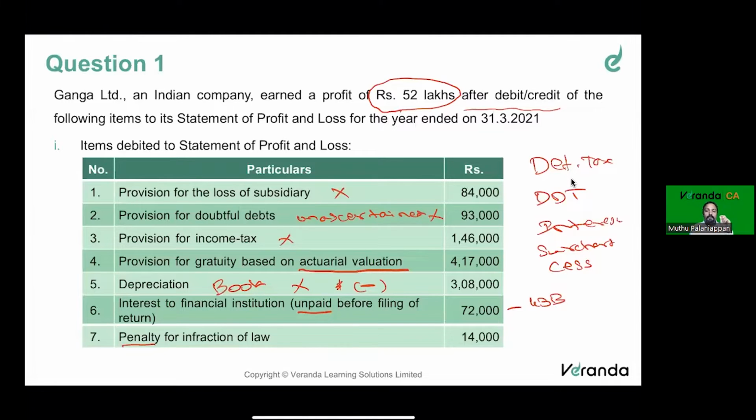Among them, one of the payments relates to interest payments to financial institutions and certain state-owned institutions, so government-owned institutions and financial institutions. If interest is payable to such an institution and it is actually not paid till return filing, it is not allowed. It is subsequently allowed in the year in which such payment is made. So that is what interest is about.